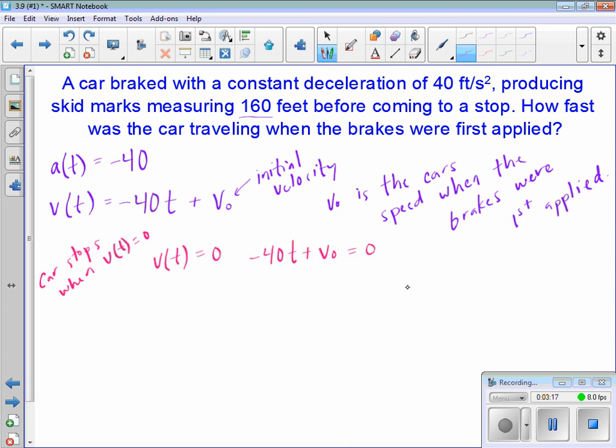If we solve that for t, what would I get? V naught over 40. Right, you'd subtract this over and then divide by the negatives, so the negatives will cancel. Okay, so this is the time when the car stops.